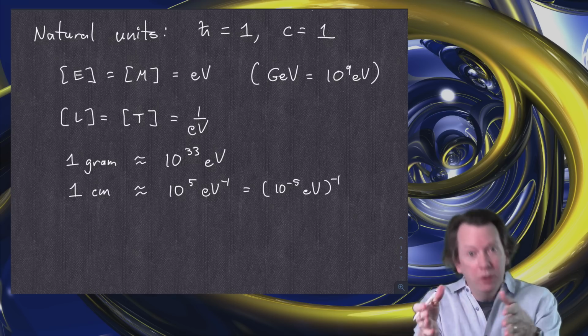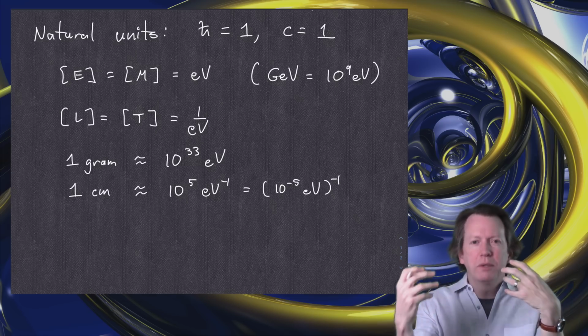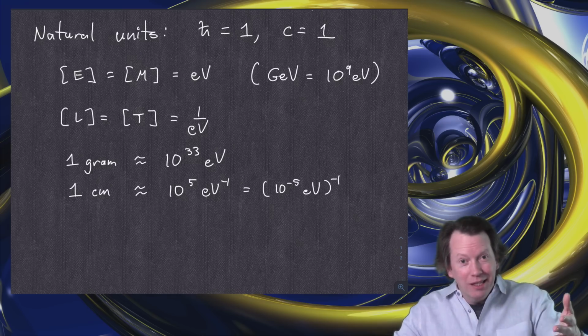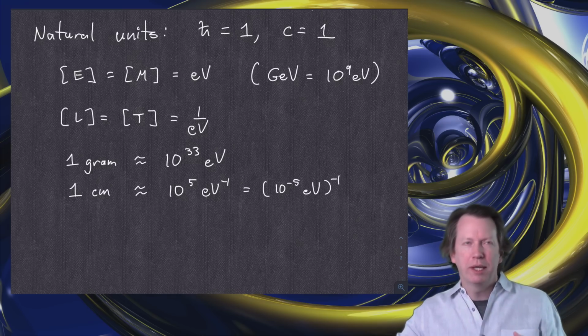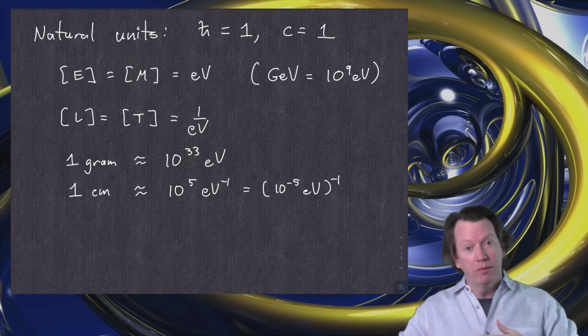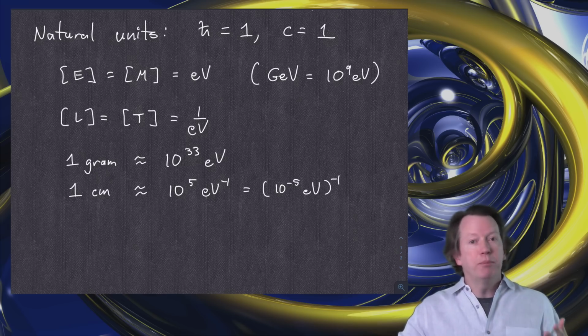So if you're using units of inverse eV, 1 centimeter is 10 to the 5 of them, 100,000 of them. But what you want is some sort of physical relationship, right? If someone is quoting you a length in electron volts, you want to know what is the length that 1 electron volt corresponds to? Or vice versa, what are the number of electron volts that 1 centimeter corresponds to?